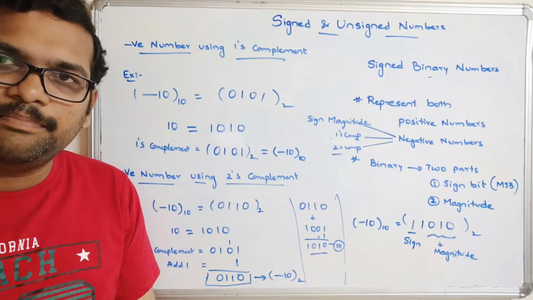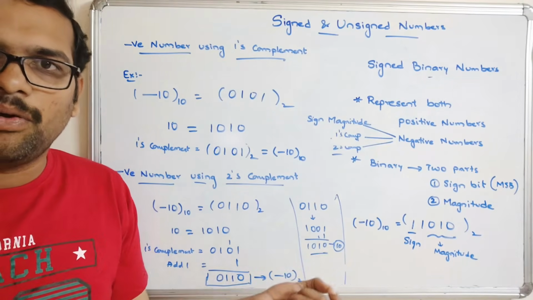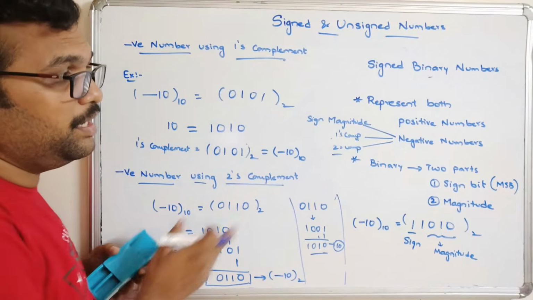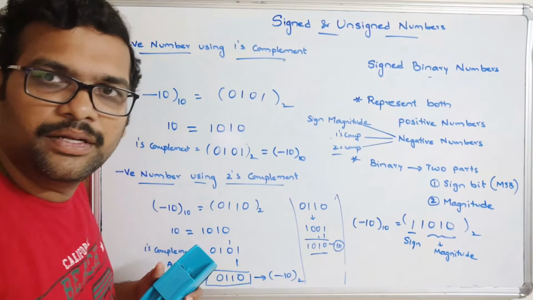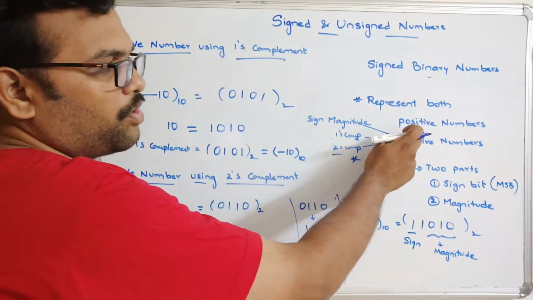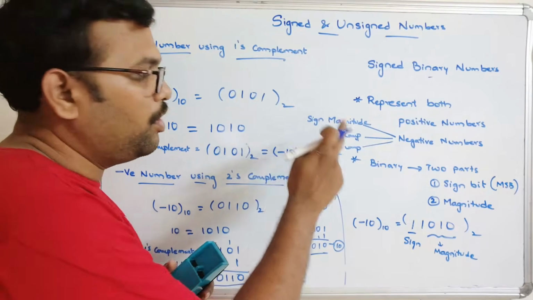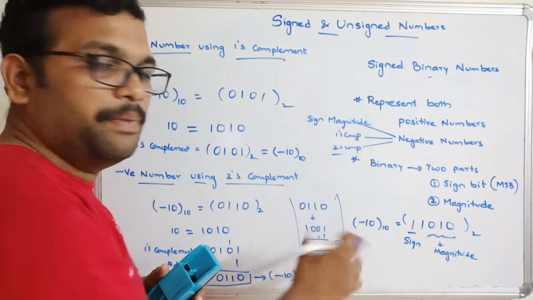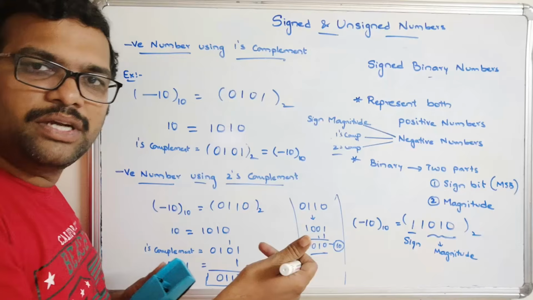So the binary addition of 1 with the 1's complement will give the 2's complement. This is how we can represent negative numbers, that is, signed binary numbers, right? Positive numbers are common, and if it is a negative number, we can represent it by using either sign magnitude, 1's complement, or 2's complement. 1's complement is simply flipping the bits: if it is 1, we consider 0, and if it is 0, we consider 1.